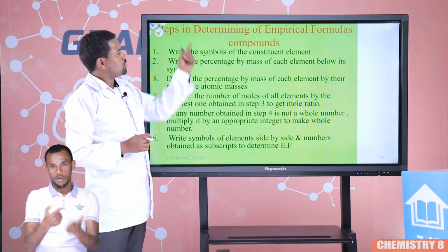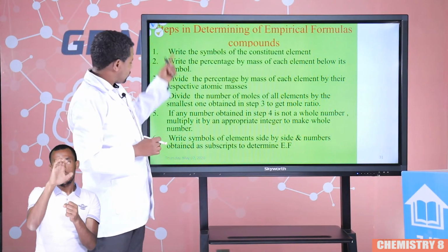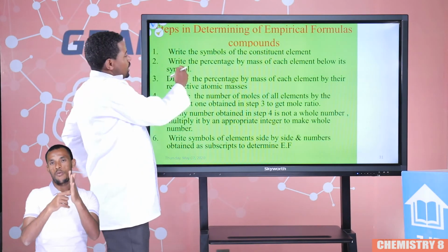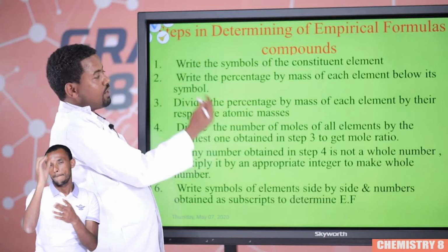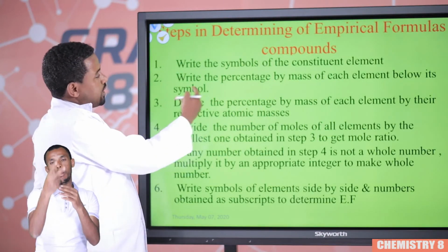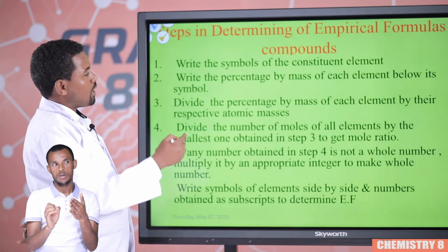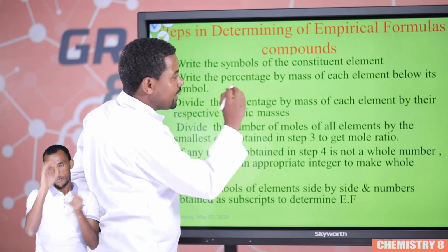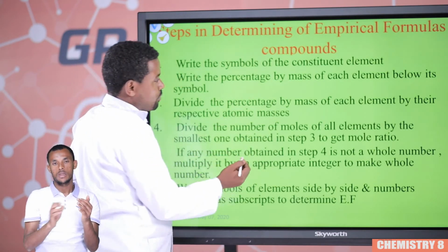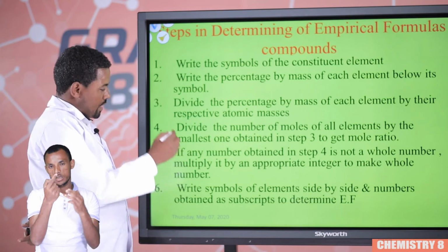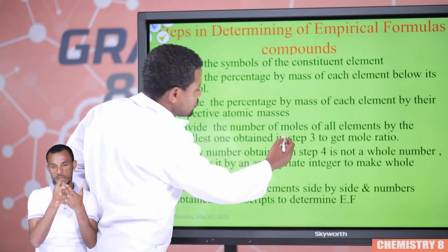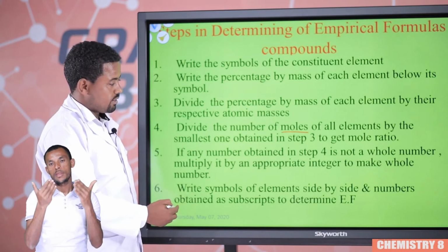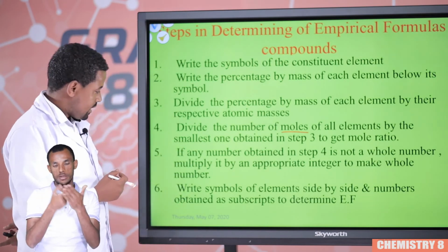In order to calculate the empirical formula or molecular formula, we have to follow these steps. We write the symbols of the elements, and write the percentage composition by mass of each element under its symbol, as we have seen in the previous exercise. Then we divide the percentage by the relative atomic mass of each element, and divide the number of moles of all elements by the smallest one obtained in step 3.